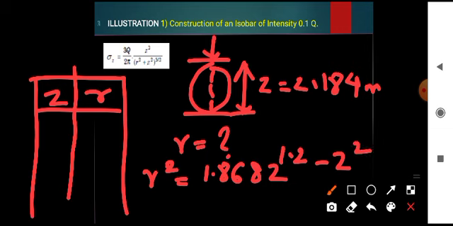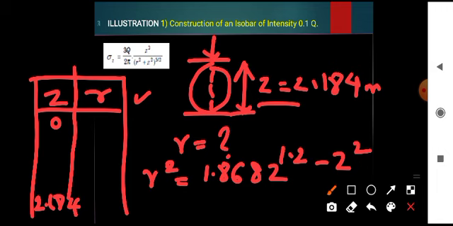In this equation, we are considering different values of z from 0 to a maximum of 2.184. Within this we have to calculate the ranges of r in meters.